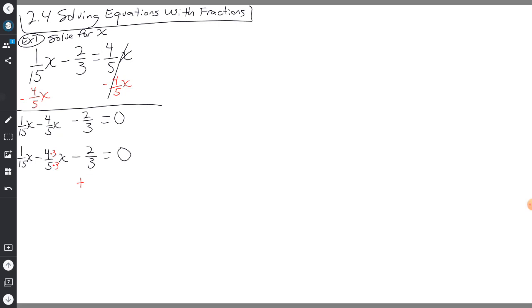So 2/3 on both sides, plus 2/3. Now that way it cancels over here. So this becomes 12 over 15x.